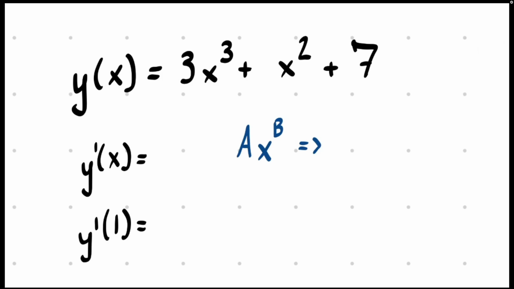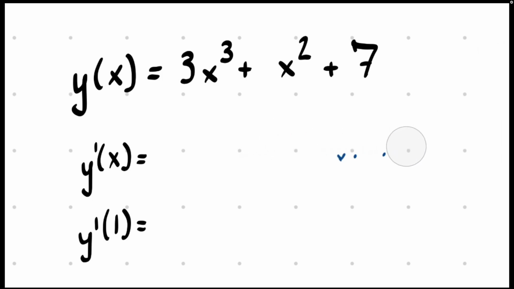So what this becomes is a times b times x to the b minus 1. Right? So using that general format, we're going to go ahead and solve this problem.